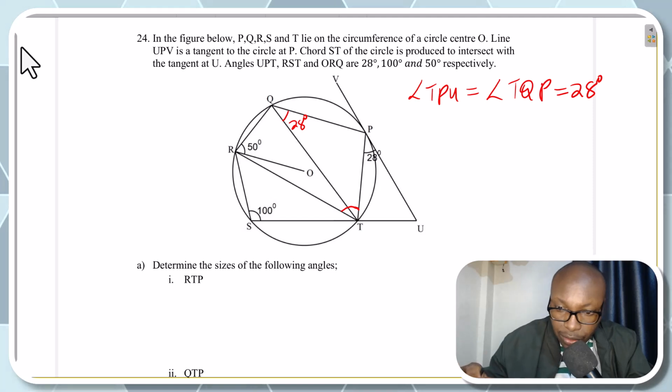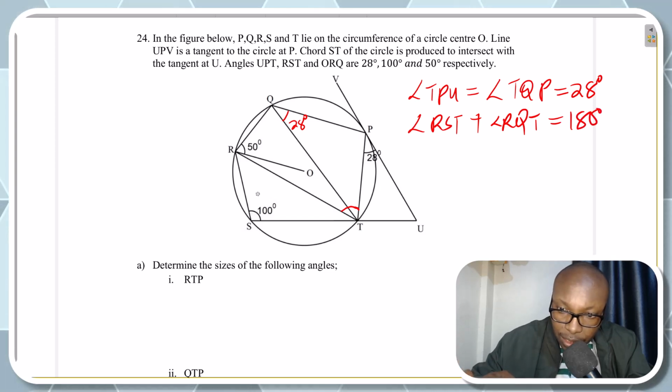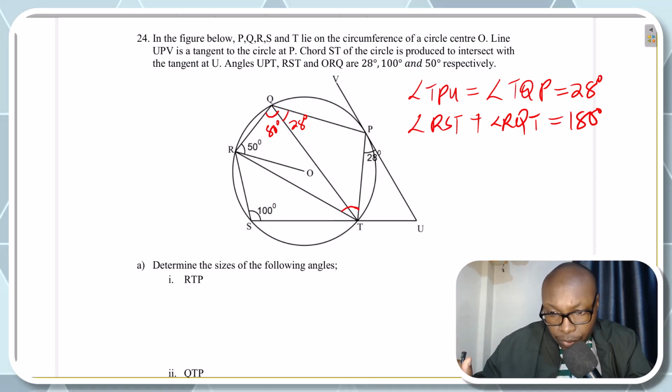Therefore, let me first write this. Angle RST plus angle RQT should give 180. And therefore, if S is 100 degrees, then this one should be 180 minus 100, and this one will be 80 degrees.